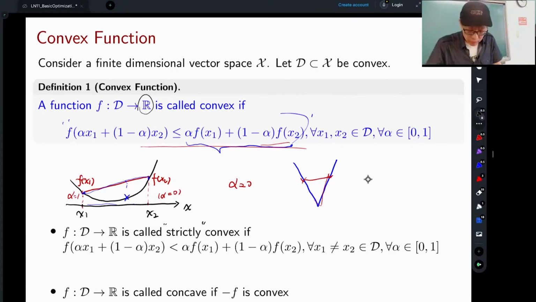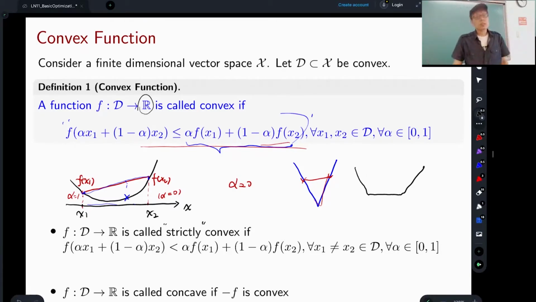So for example, is this convex, strictly convex, or non-convex? Hongbo, that's convex, right? Of course, it's definitely convex, but not strictly convex.